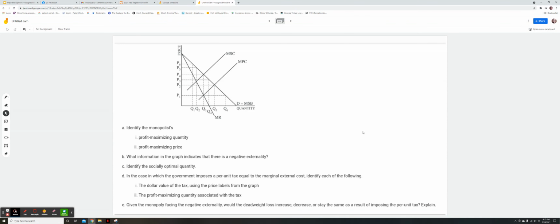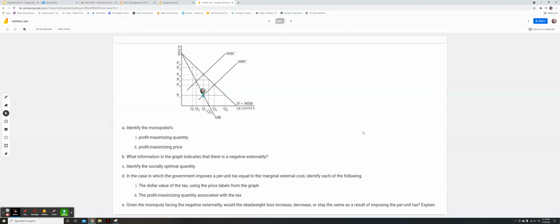With this one, once again, it's an externality dealing with a monopoly. That was kind of the confusing part to us. First of all, we identify the monopolist's profit maximizing quantity and profit maximizing price. That's going to be where MR equals MC, which is right here at Q3.